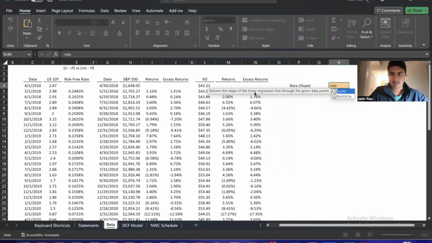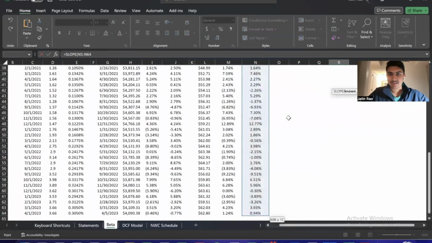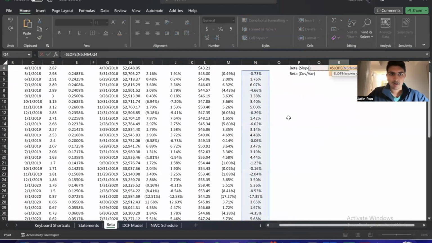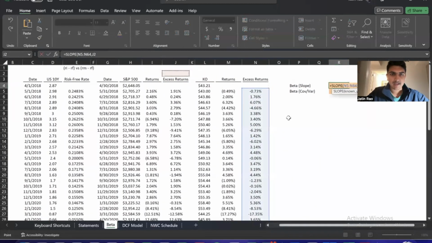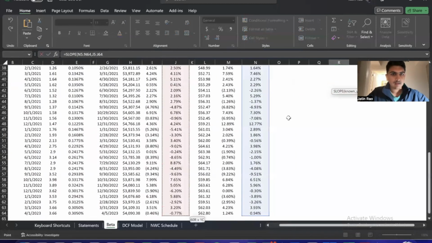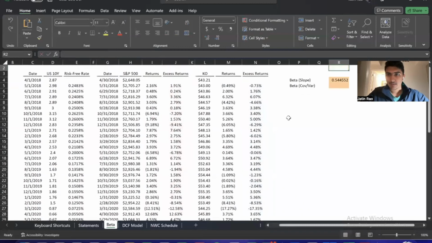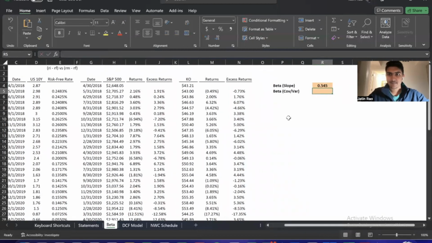If you go equals SLOPE, our known y's are going to be the excess returns on Coca-Cola stock, comma, our known x's are going to be the excess returns on the market, and we get 0.5442. And lo and behold, this is pretty similar to what Yahoo Finance had, right?